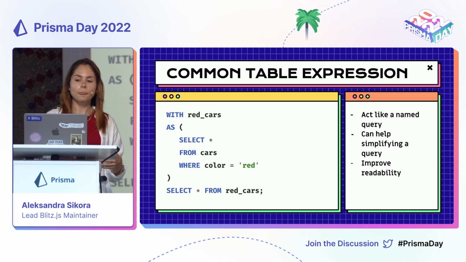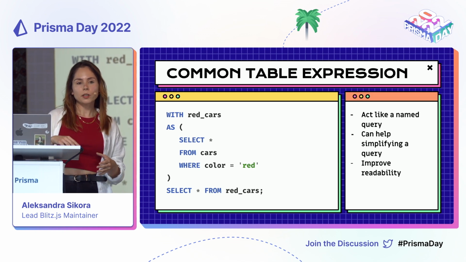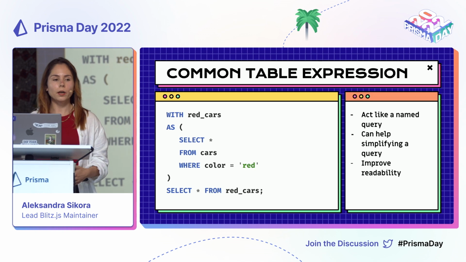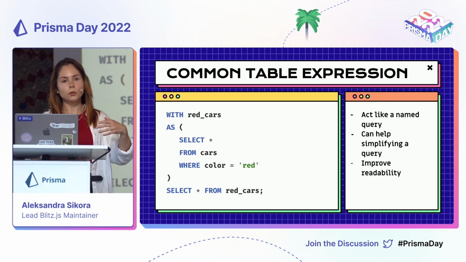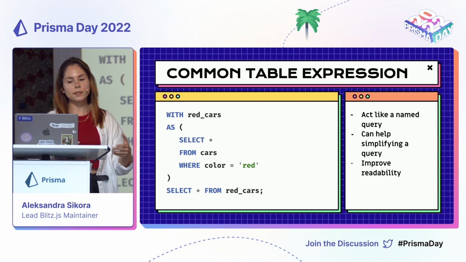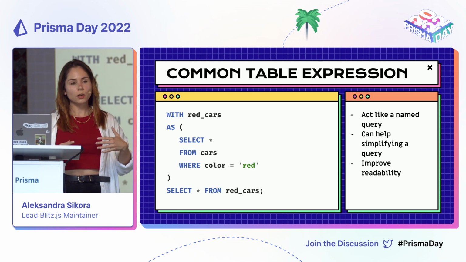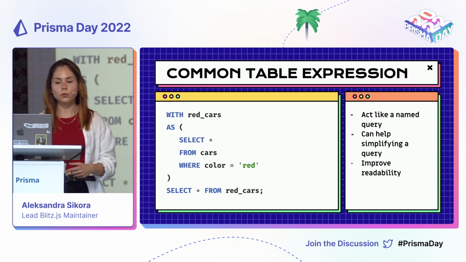You can use this to extract some parts of your SQL queries outside of the main query to simplify your code, to improve readability. You can reuse them. Normally, if you would want to use some select statement in multiple places, with a CTE you don't have to do this. You can extract it and then reuse.